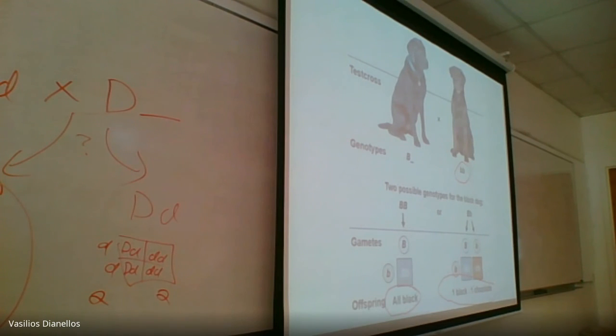If you're trying to determine the genotype of this dog that exhibits the dominant phenotype, what you would do is do a test cross, which is where you mate it with something that has the recessive phenotype, and you would look at the offspring. And what we know by looking at the offspring, if we ever get at least even just one offspring with the recessive phenotype, then we know that the parent was a heterozygote.